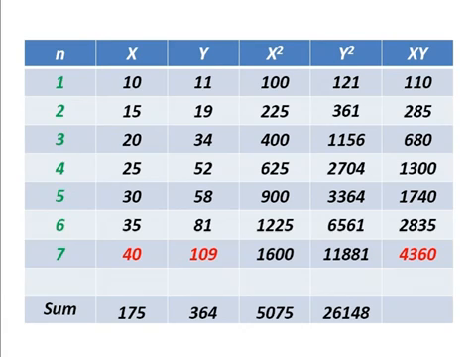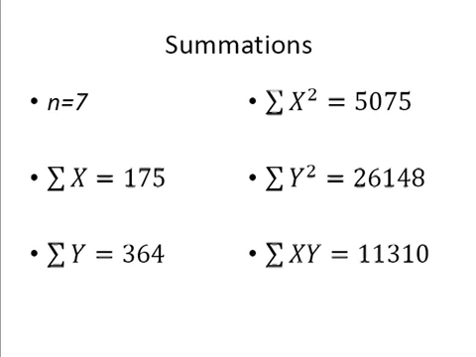And finally, 40 times 109, we get 4360. Once again, we add up all the items in that column: 110 plus 285 plus so on, and we get 11,310.